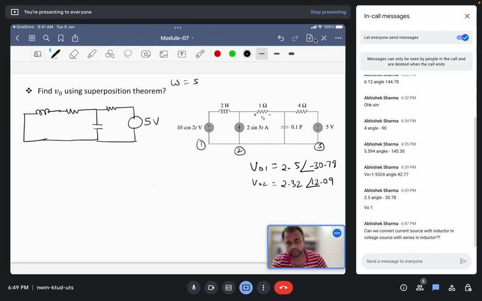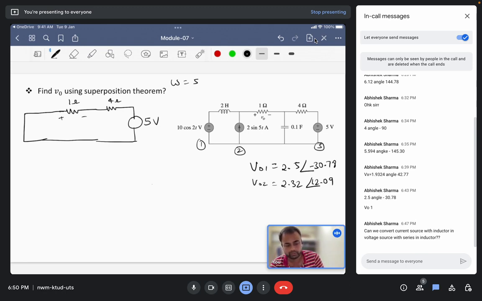Since there is a DC source and this is a steady state problem, the capacitor will get fully charged and become open circuited, and the inductor will get fully magnetized and become short circuit. So the circuit will simply look like this, where this is 1 ohm and this is 4 ohms, and we have to find the voltage. Again you have to see the signs here.